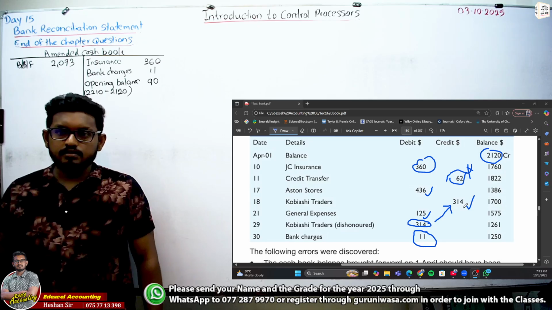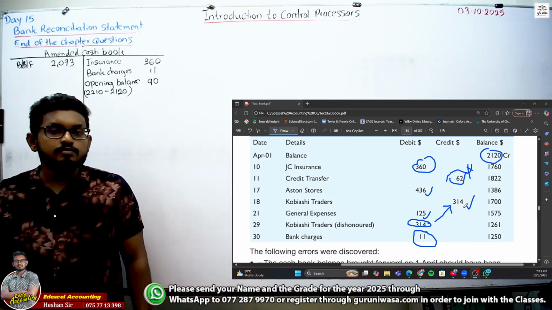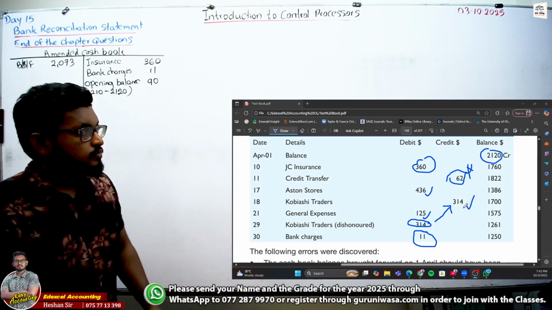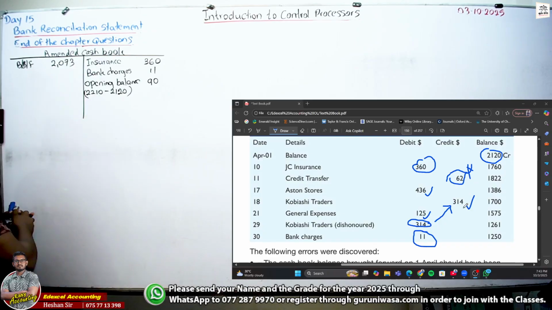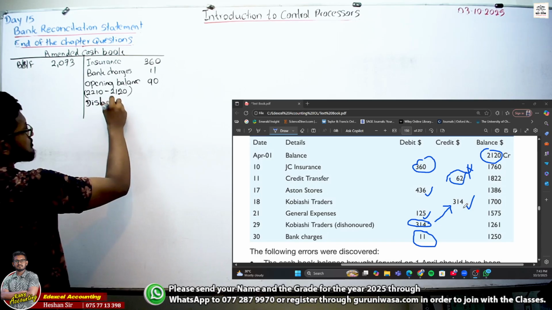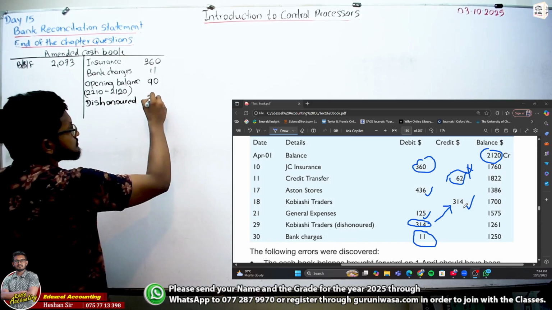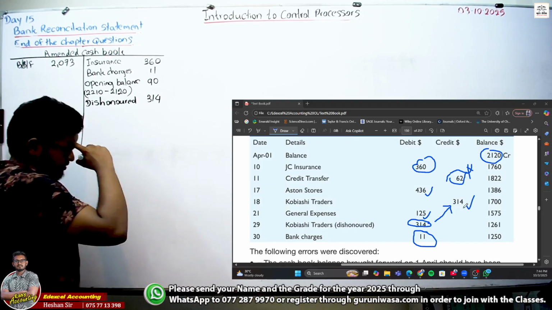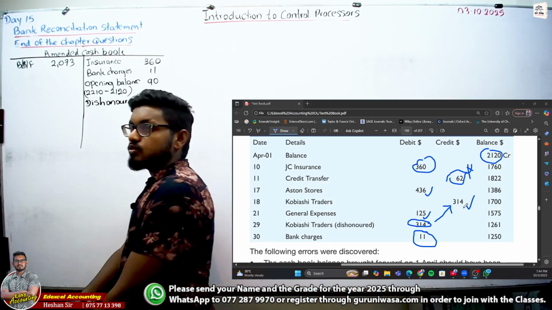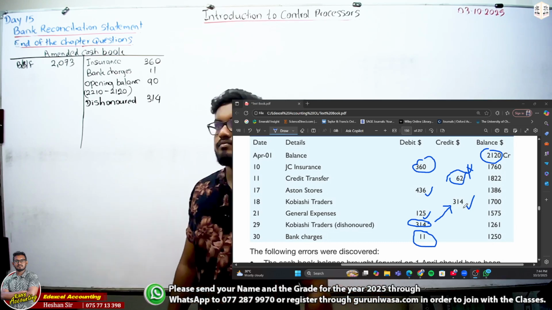But it appears on the debit side in the bank statement, which means the bank dishonoured it. Initially we debited it, so to remove it, dishonour, 340. The 62 is a matter in the bank statement because of the bank error.